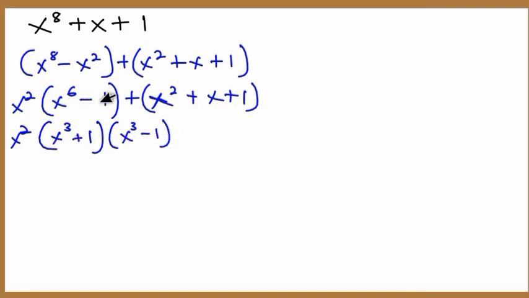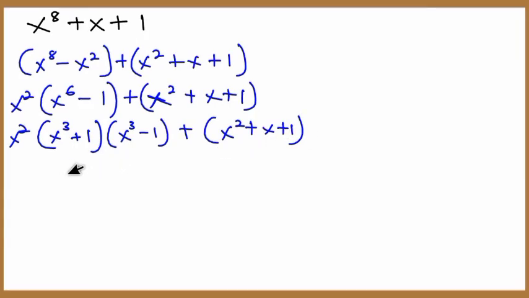Now this one is the same as this, plus the whole of this one, x^2 + x + 1. Now let's move on. Now from here, what I have to do is to expand x^3 - 1.